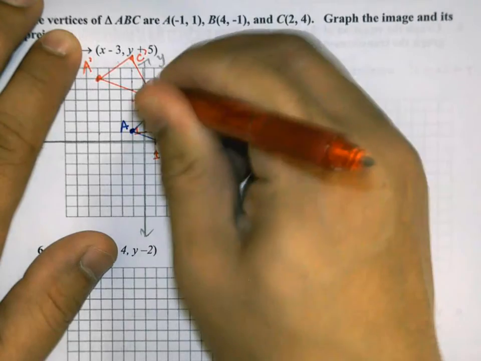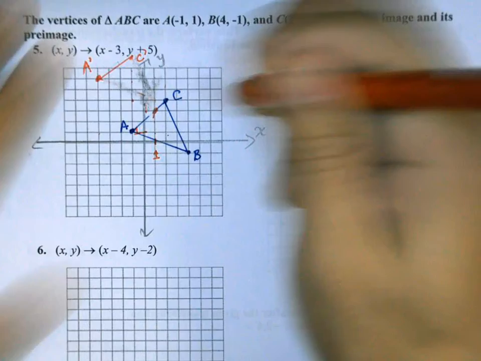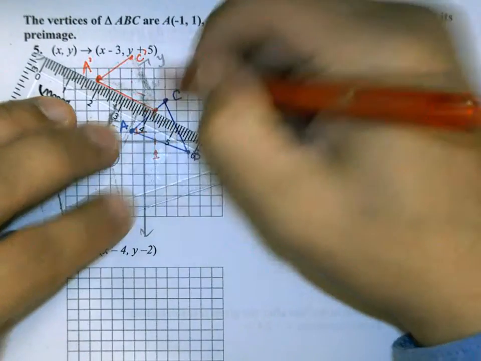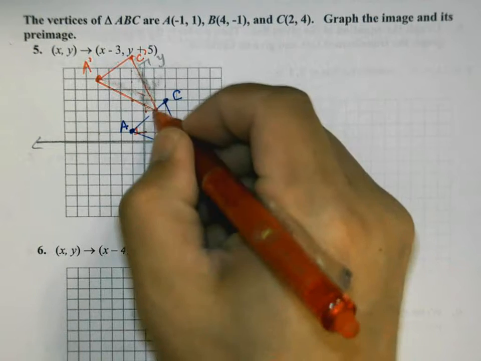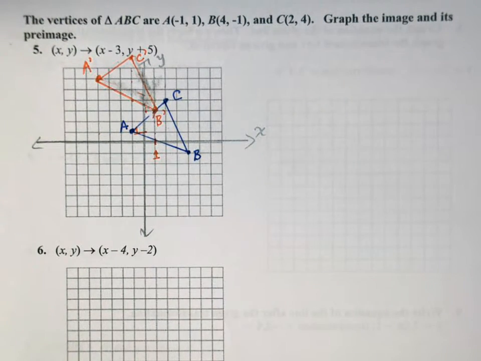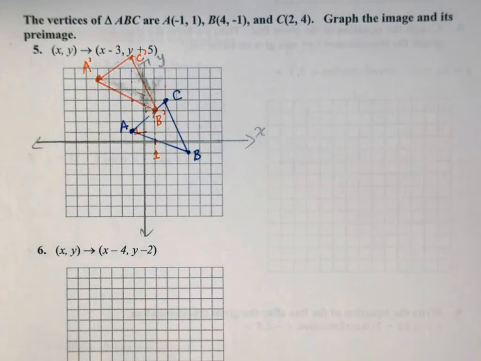That's not a big deal. We can change our image. It's slightly messy, but we can still see it. This point here is actually B prime. Now that looks a little more proportional. In fact, these two triangles look congruent.